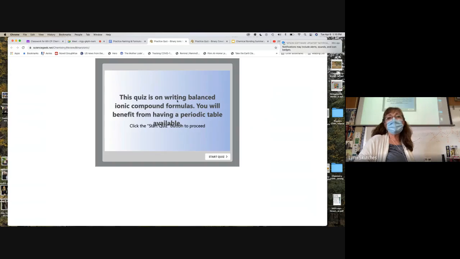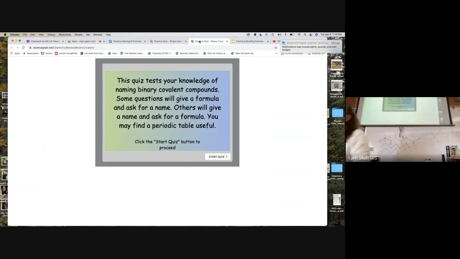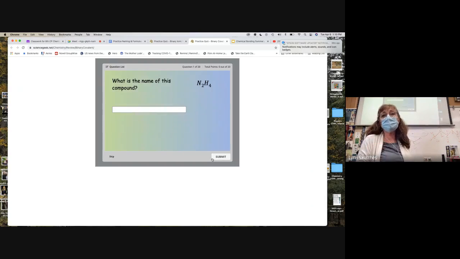One of them is on writing ionic compounds, and one of them is writing covalent molecular compounds. Both of them are binary, just 2 elements. It's pretty straightforward. The only thing I want to warn you about is that this one is super particular about spelling. If you spell it wrong, you will get marked wrong.